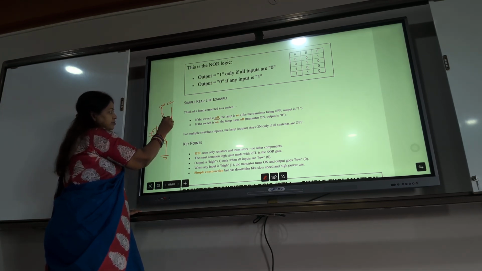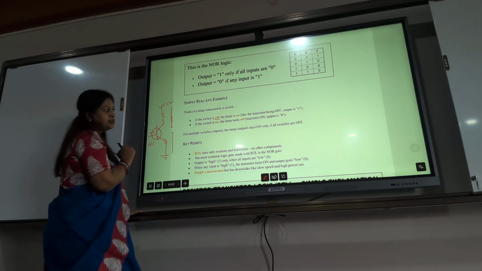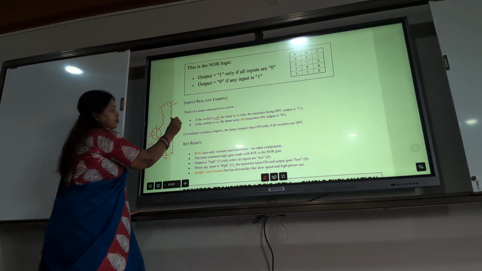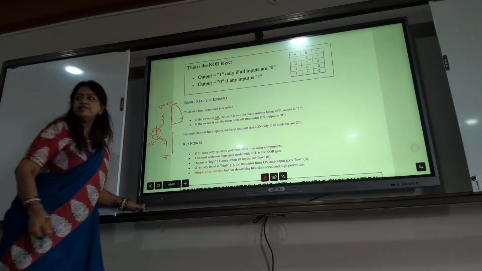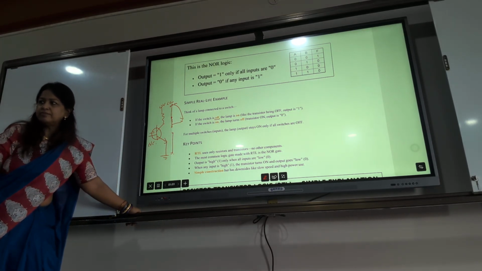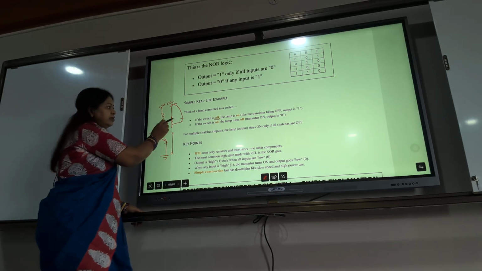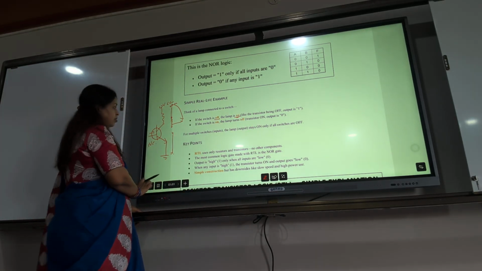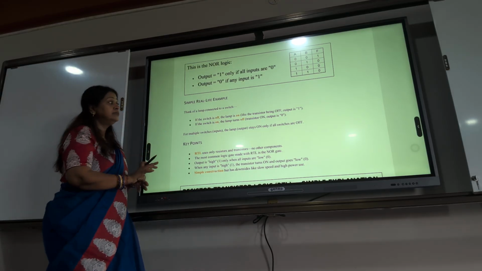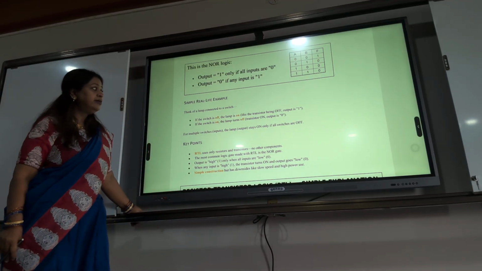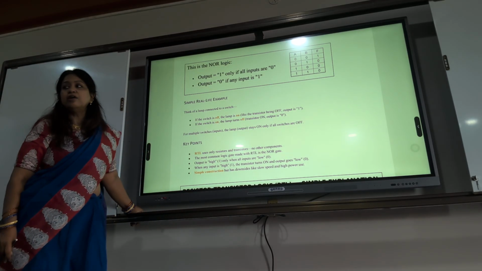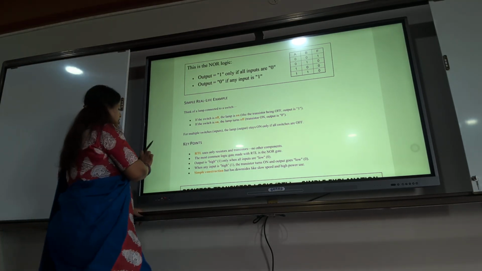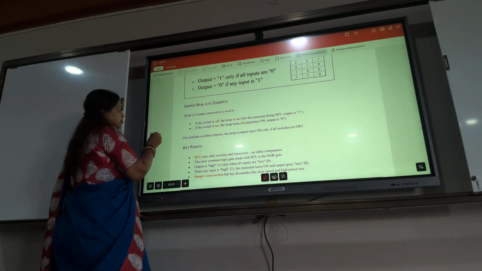It will be like an open circuit. So what will come here at the output? VCC will come as output. So if the transistor is not conducting, the output is going to be high. And if the switch is on, the lamp turns off, because the transistor is on and the output is 0. When the transistor is on, what happens? It will be like a short circuit.